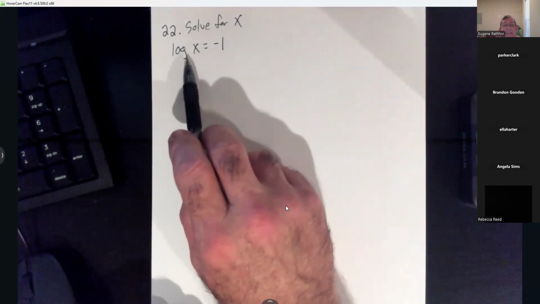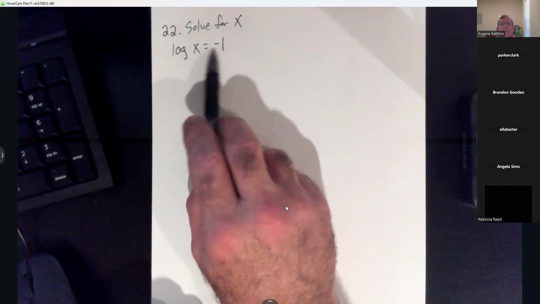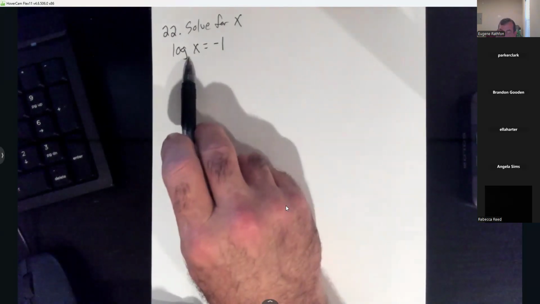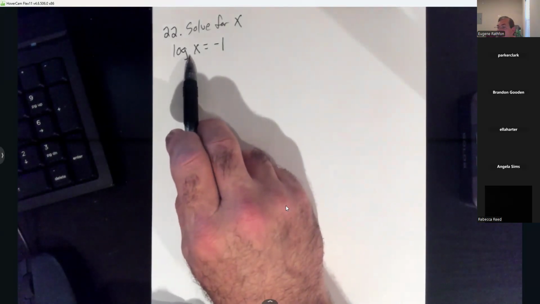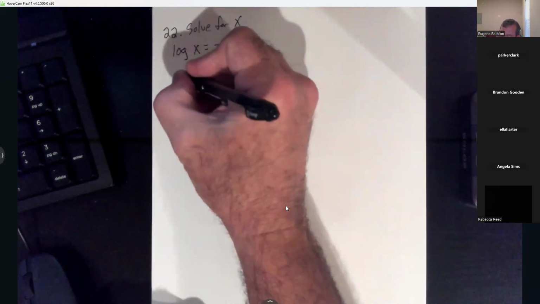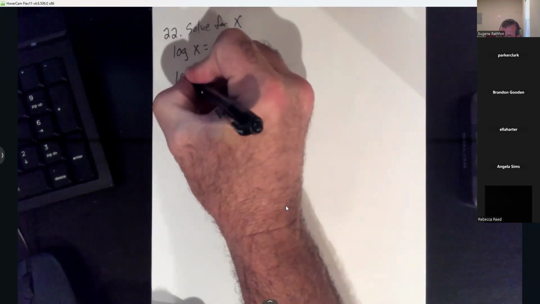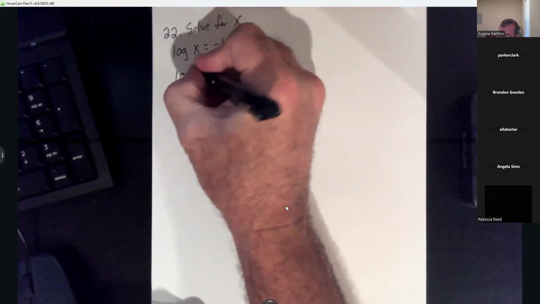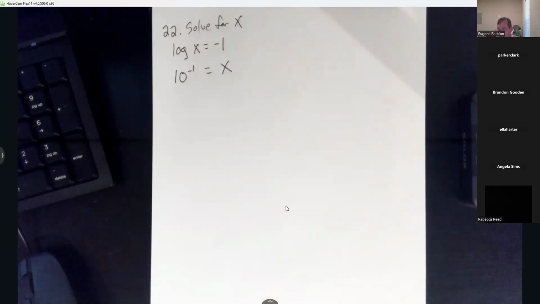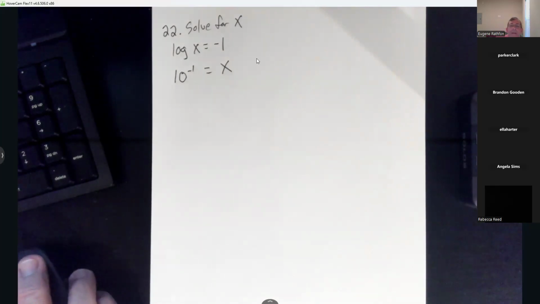On this one, I've got a single log equal to a number. So this is when I rewrite these as exponential. Once again, you've got to remember, since there's not a base here, that base is a 10. So I'm getting 10 to the exponent -1 equals x.